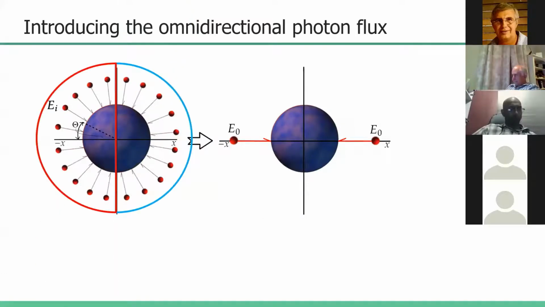I would like to introduce you to the omnidirectional photon flux. Now that we know about photons and we know about atoms, we can make this work. Think now about a mass, in this case on your screen, a spherical mass, shown in 2D but really in 3D. There are photons going into it from all directions.